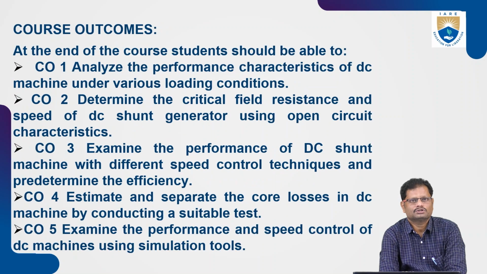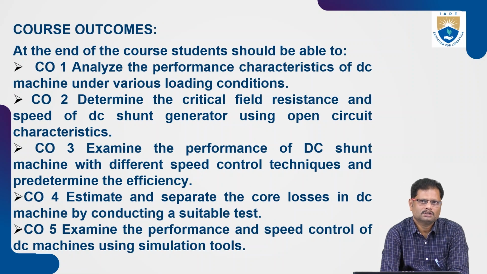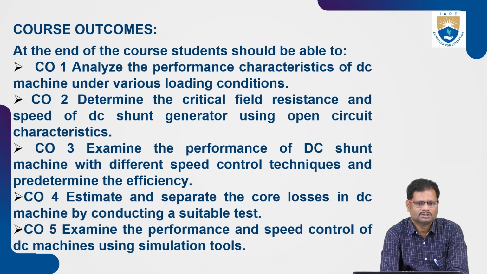Coming to the course outcomes, at the end of the course, the students should be able to analyze the performance characteristics of DC machine under various loading conditions, determine the critical field resistance and speed of DC generator using open circuit characteristics, examine the performance of DC machine with different speed control techniques and predetermine the efficiency, estimate and separate the core losses in DC machine by conducting a suitable test, examine the performance and speed control of DC machines using simulation tools.